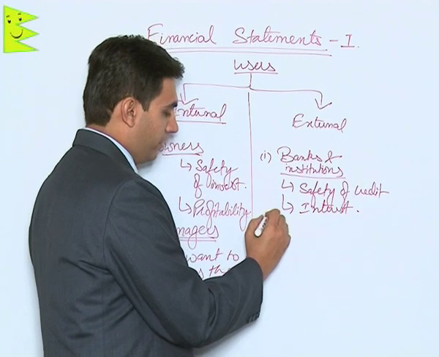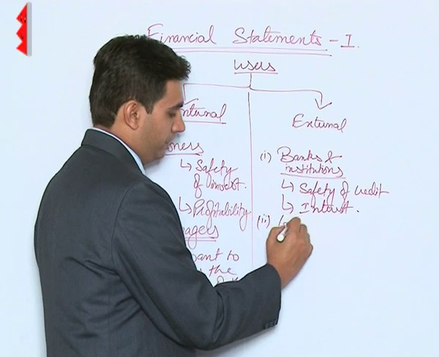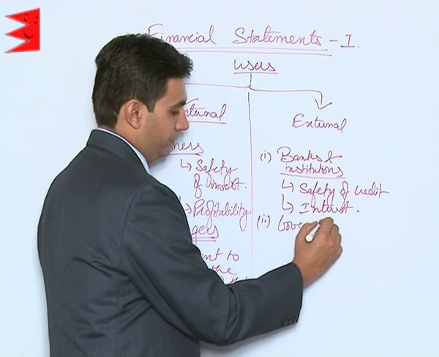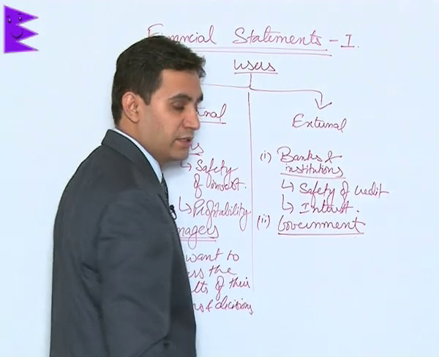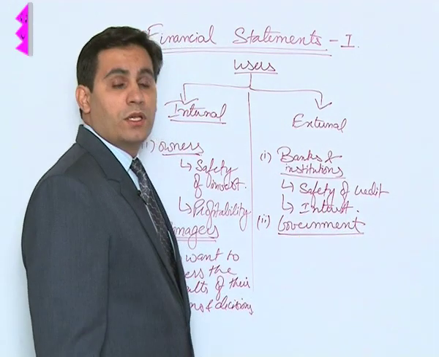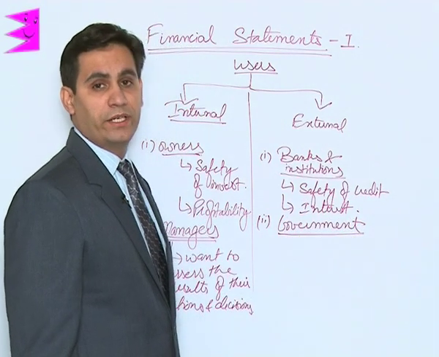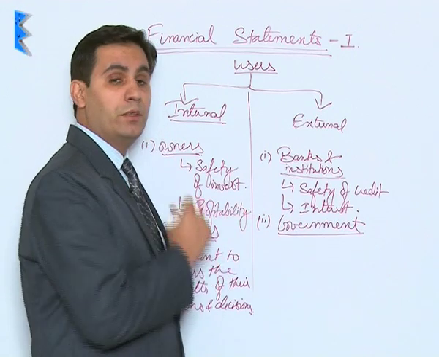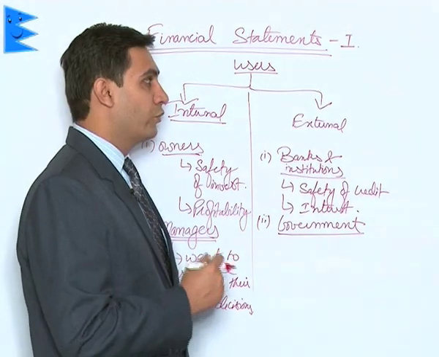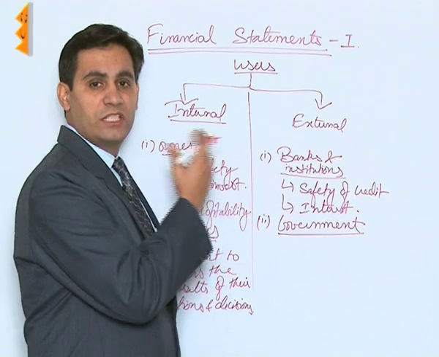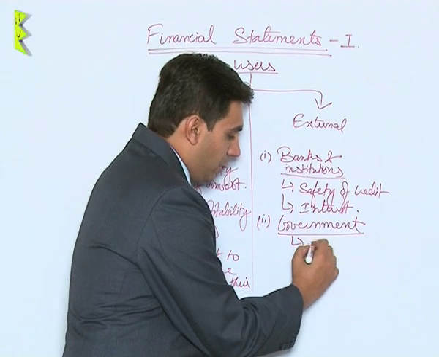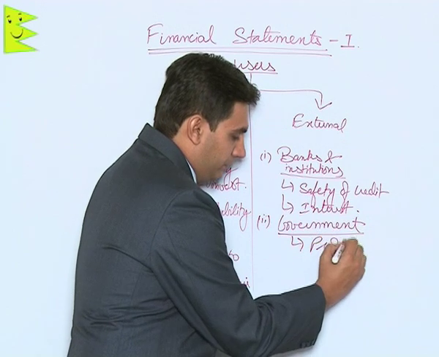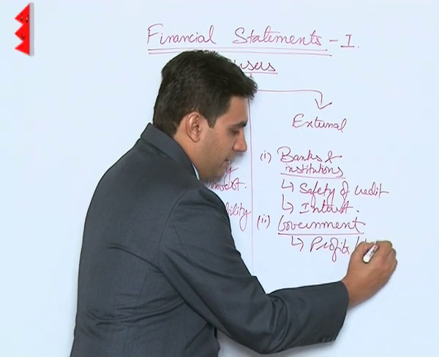Then we have government. Obviously, government levies taxes on the business. These taxes can be calculated on the basis of the profits of the business, which are disclosed through these financial statements. So they are interested in the profits and taxes.